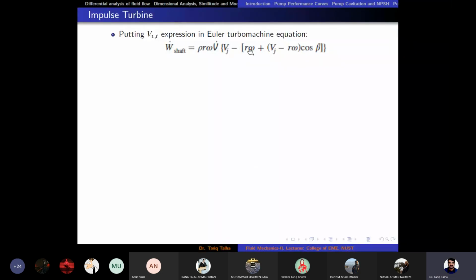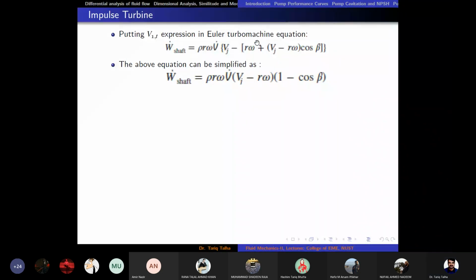So Vj minus R omega, if we combine it here and here, we can also take Vj minus R omega common out. Then it would be 1 minus cos of beta. If we put a bracket here like this, then we can take this common, and then 1 minus cos of beta.